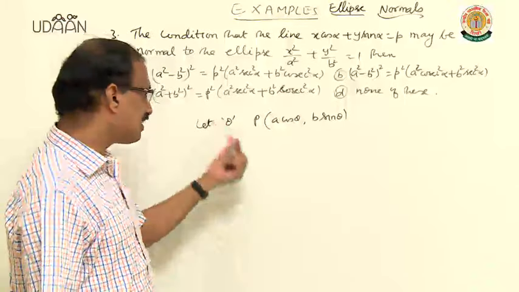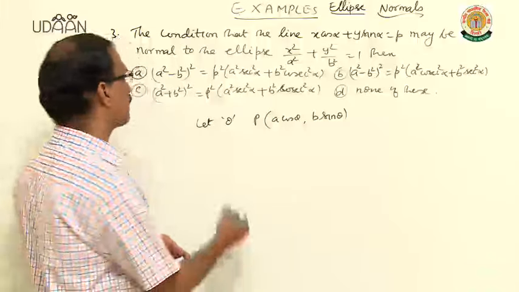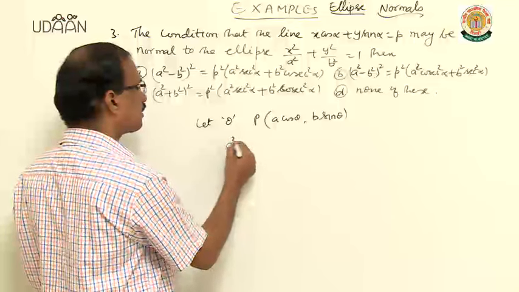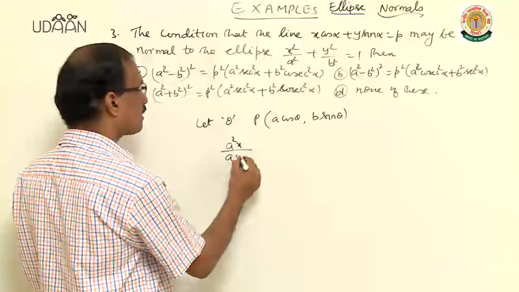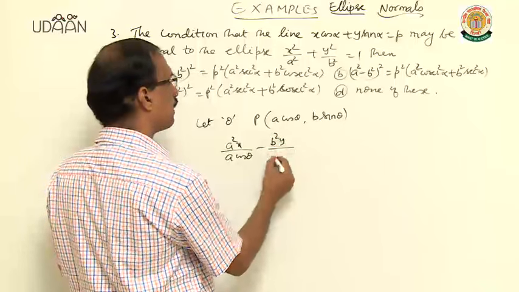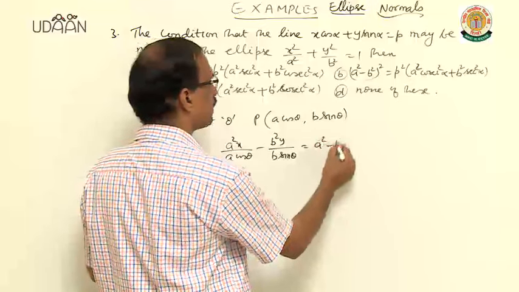So now what is the normal at this point? We get the normal at this point as a square x upon cos theta minus b square y upon b sin theta equals a square minus b square.